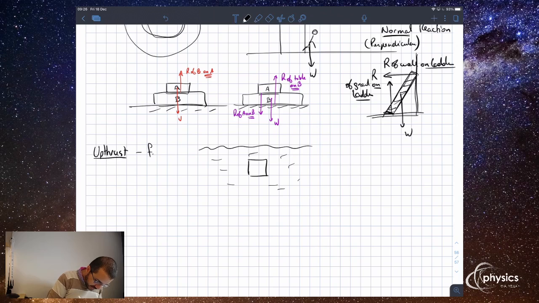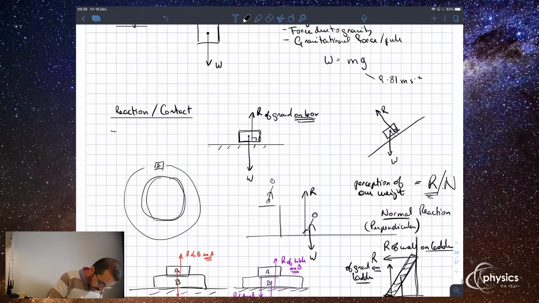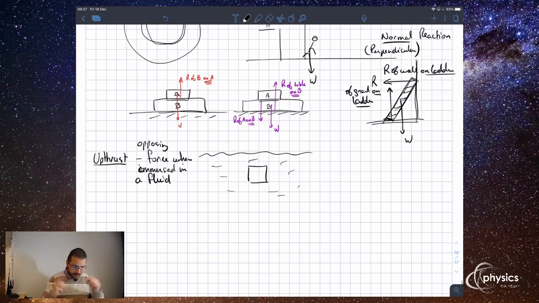The upthrust is the opposing force when immersed in a fluid. This is the opposing force when immersed in a fluid.